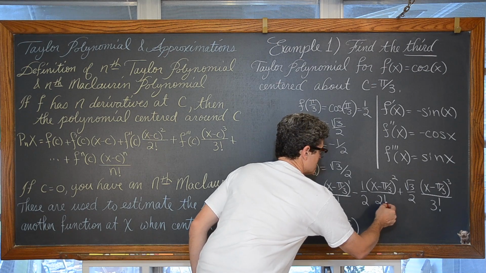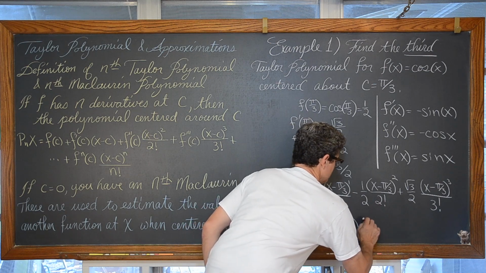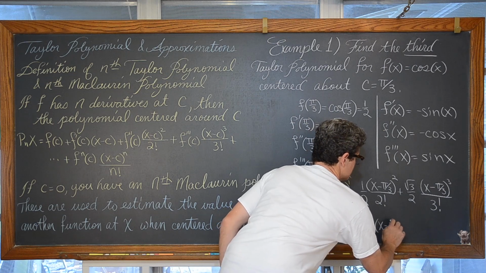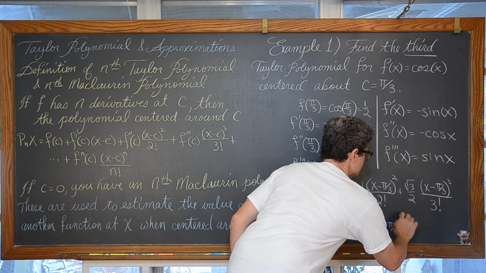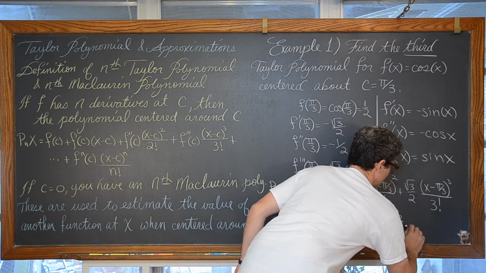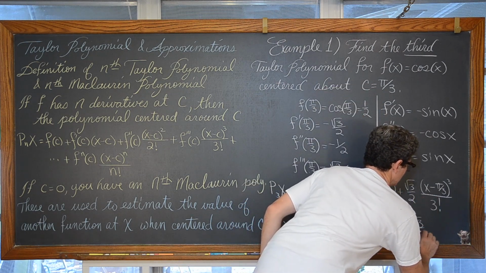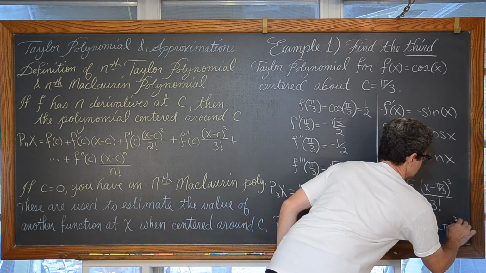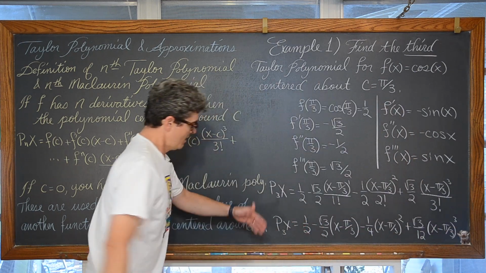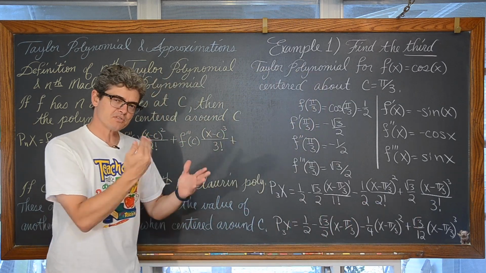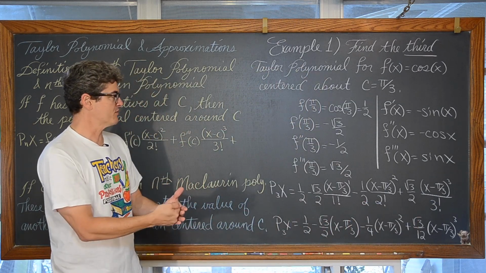Now 2 times 1 is 2, times 2 is 4, so minus 1/4 x minus pi over 3 squared. 3 times 2 times 1 is 6, 6 times 2 is 12. And voila, our third degree Taylor polynomial centered about pi over 3.